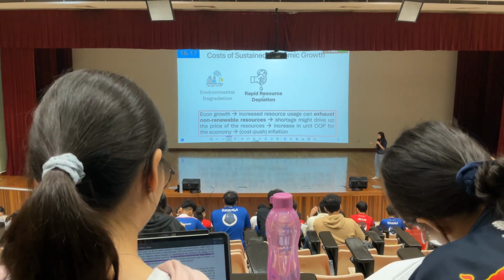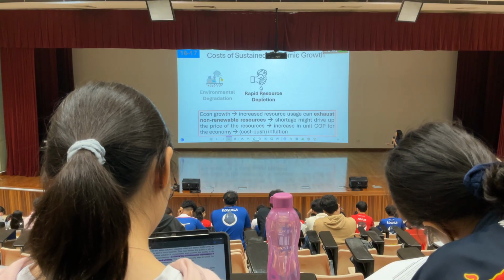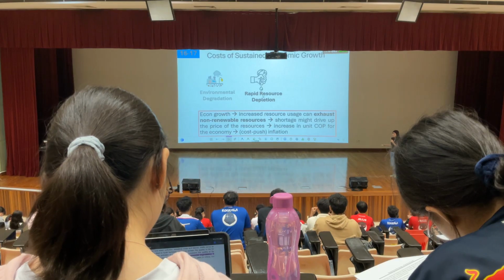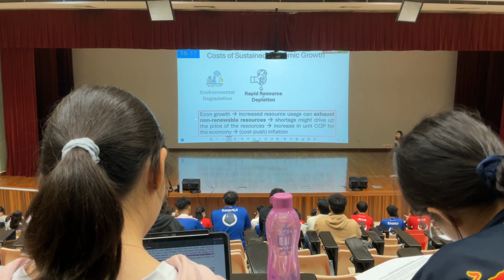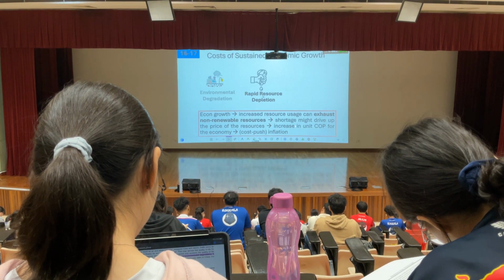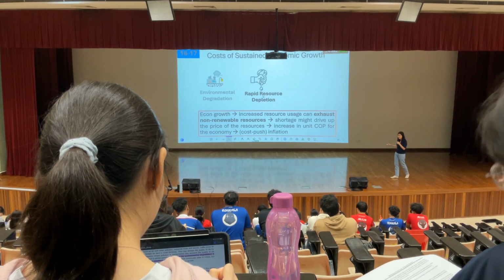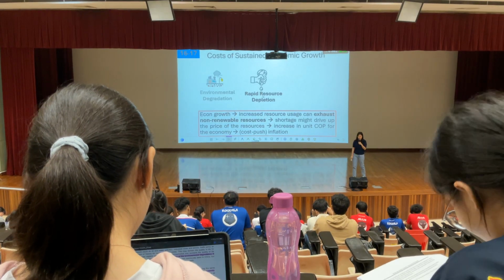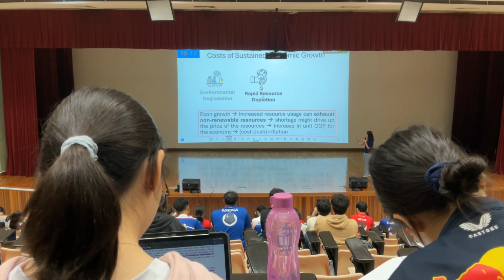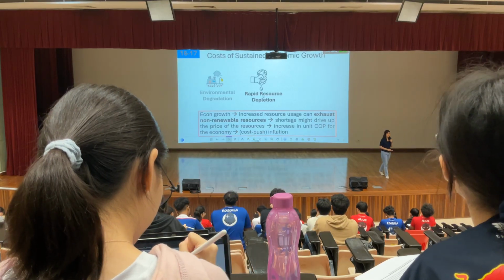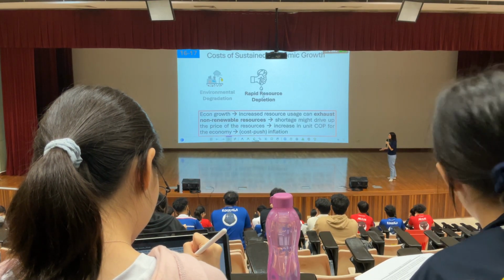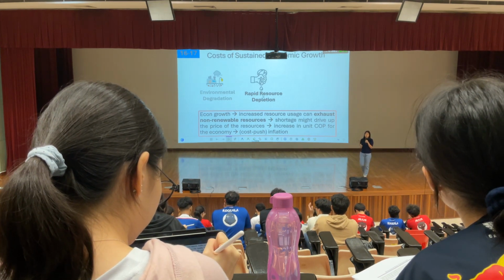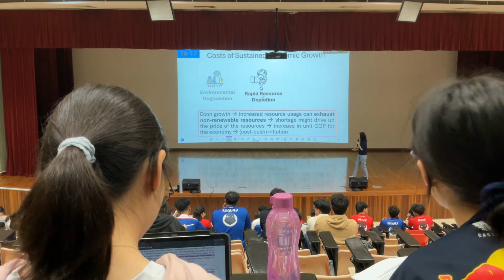As these non-renewable resources become more and more scarce, it will lead to shortages. You push up the prices of these resources, and when the price of the resources goes up, it will push up the cost of production for the firms in the economy, and it can lead to inflation, particularly cost-push inflation, which we'll learn more about the different types of inflation later on. So when the economy is growing rapidly, it can also deplete your resources, especially non-renewable resources.